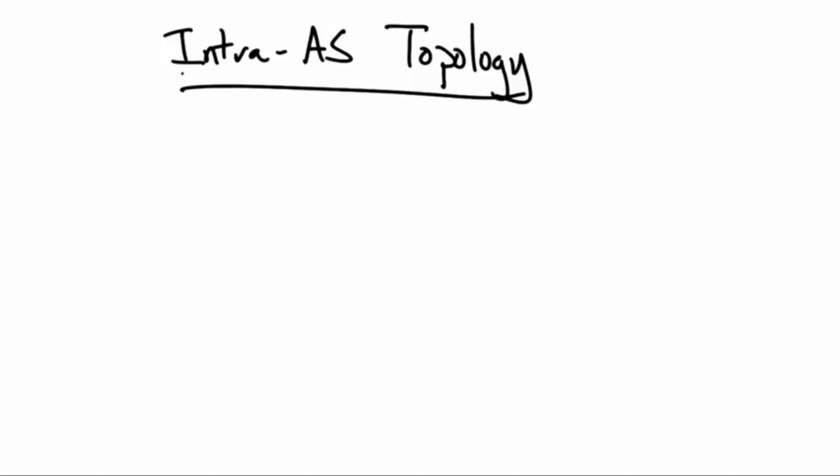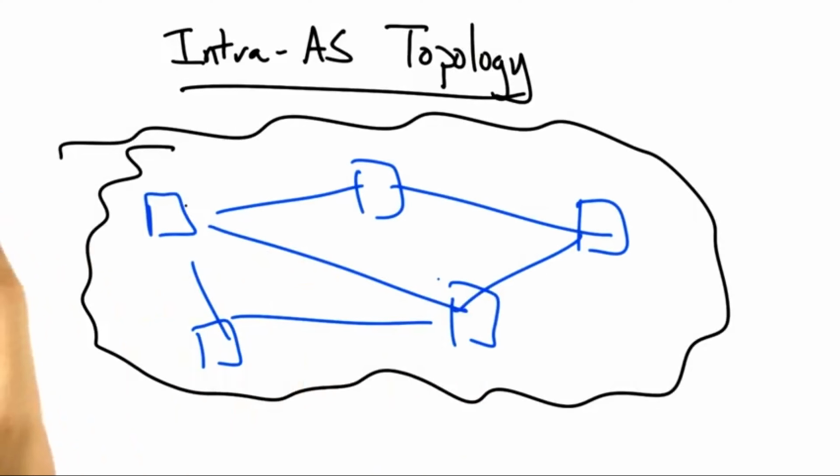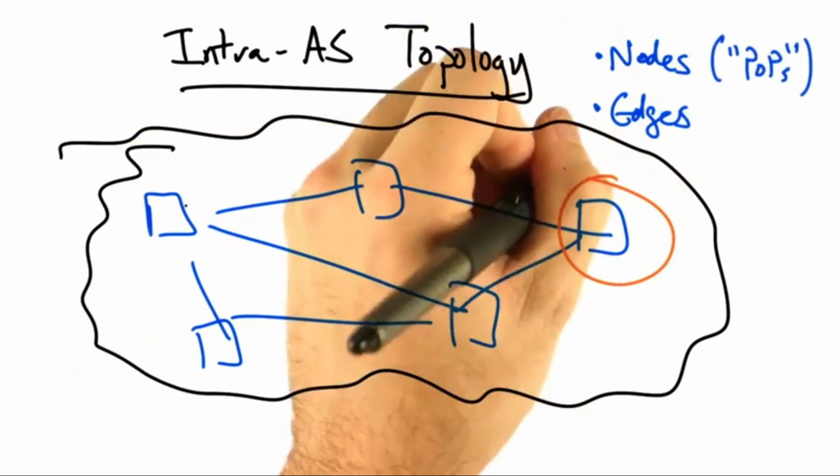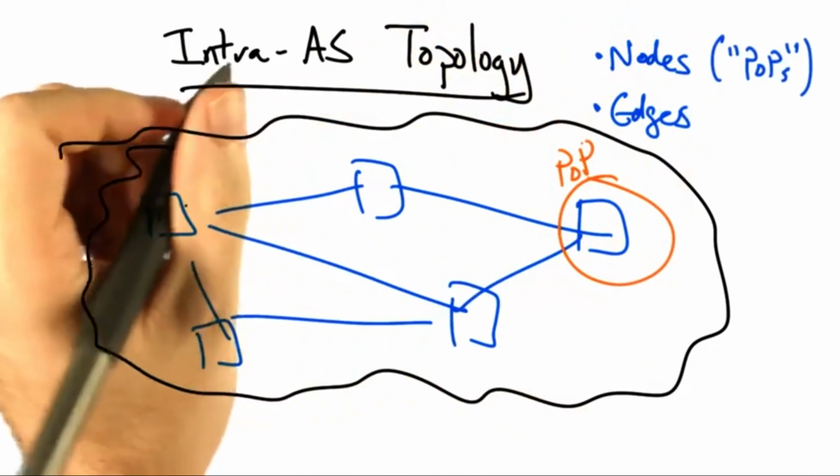Before we jump into intra-domain routing, let's take a look at what a topology might look like inside a single autonomous system. The topology inside an AS consists of nodes and edges that connect them. The nodes are sometimes called points of presence, or POPs.